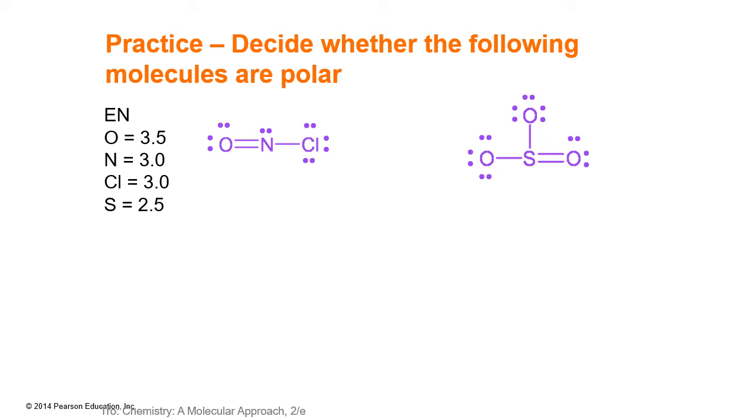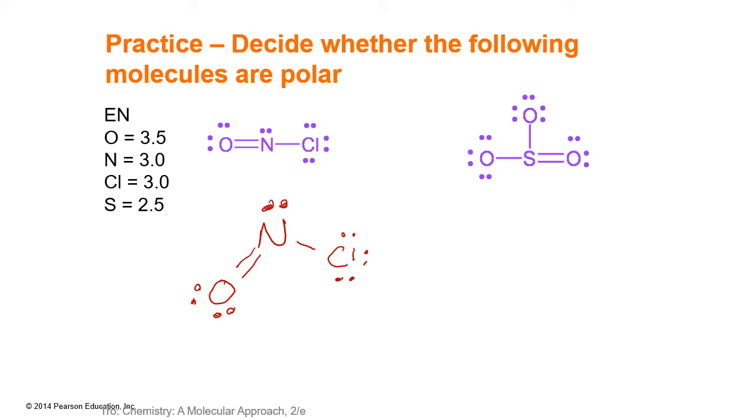If we look at our first molecule, I'm going to draw it a little more represented like the shape. We do have polarity differences in our bonds. Between chlorine and nitrogen, that has the same electronegativity, but our oxygen and nitrogen are different.